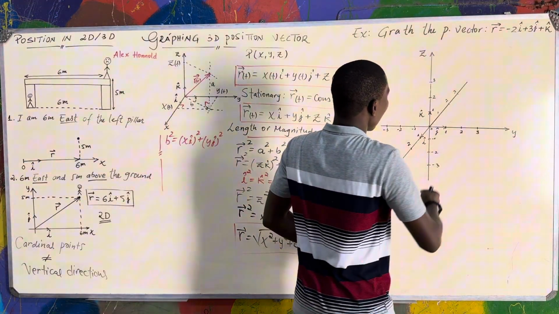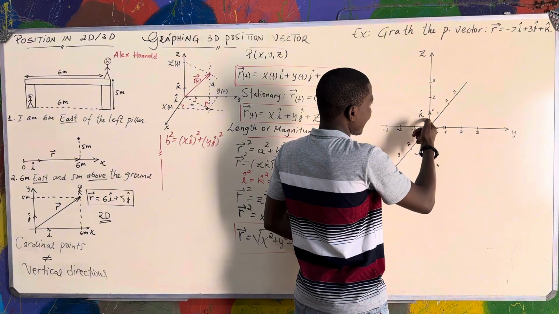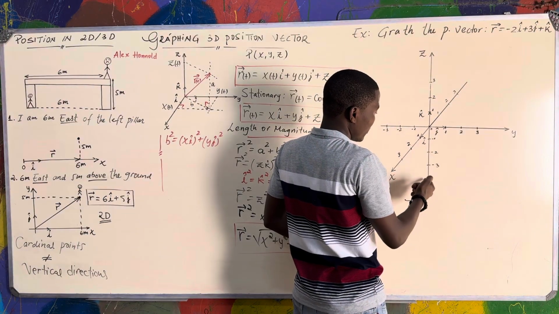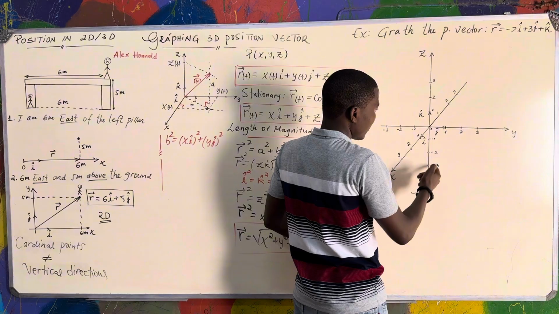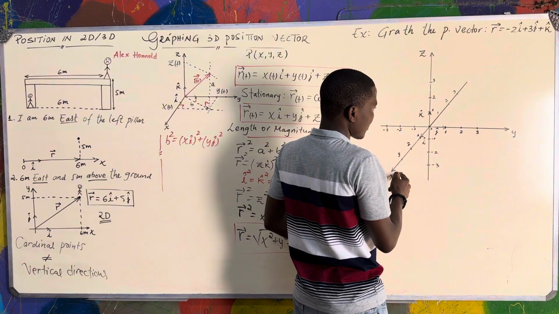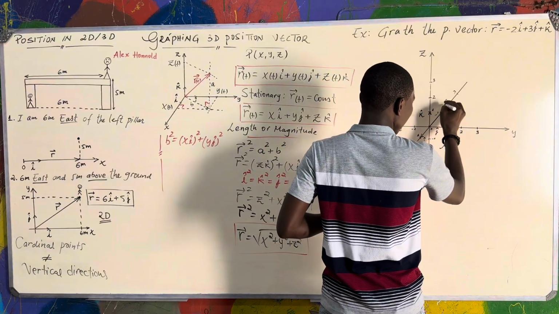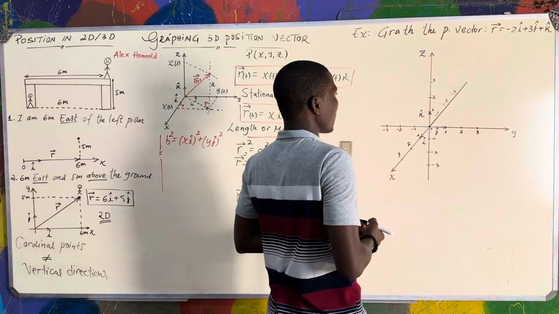How? We have these axes: a positive z and the corresponding negative z, positive y, negative y, positive x, and negative x.